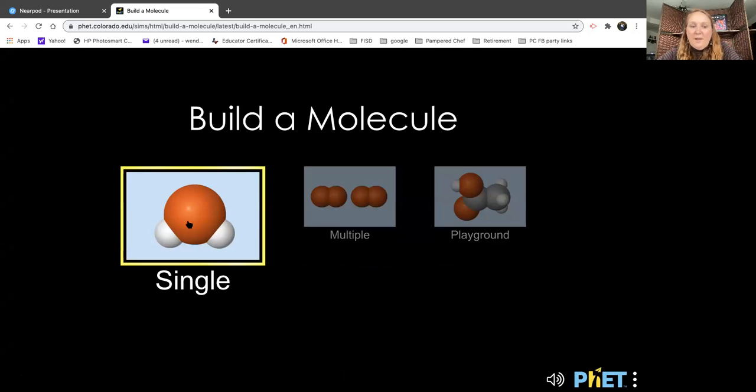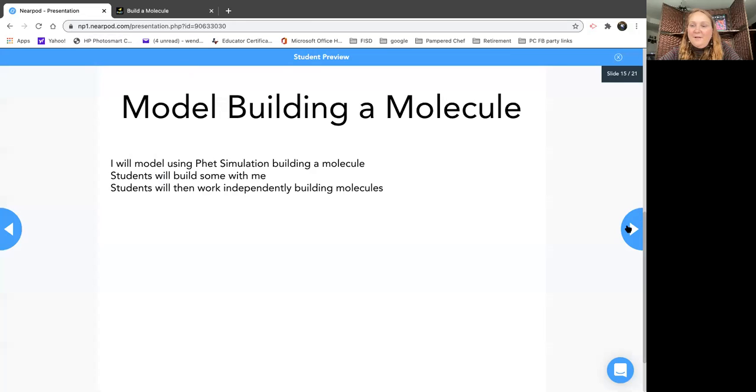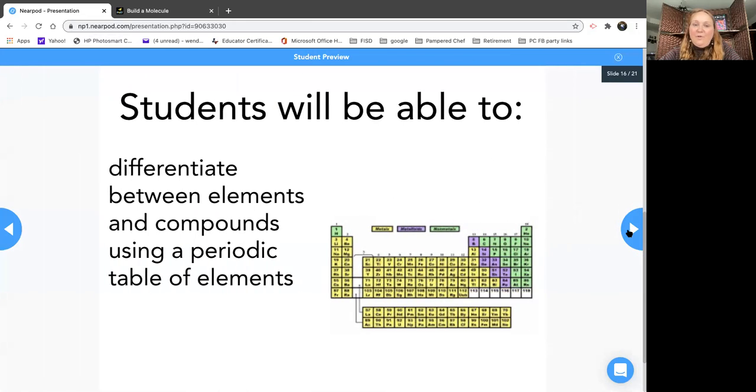So we will now look at doing this together. And then we will look at you guys building some independently and recording those in your journals. At this time, you should be very good at differentiating between elements and compounds using a periodic table of elements.